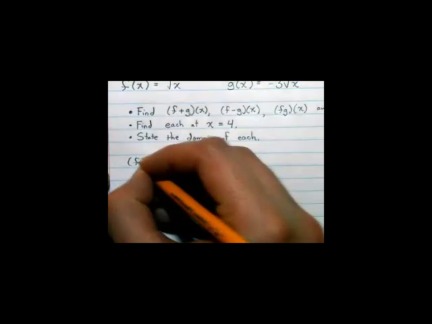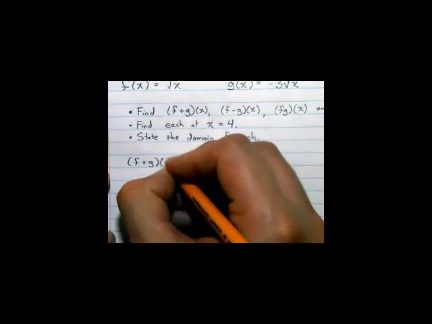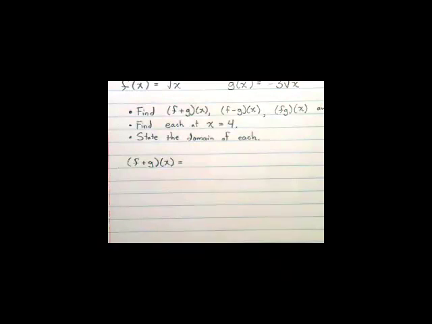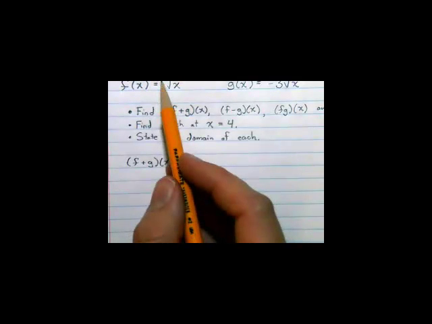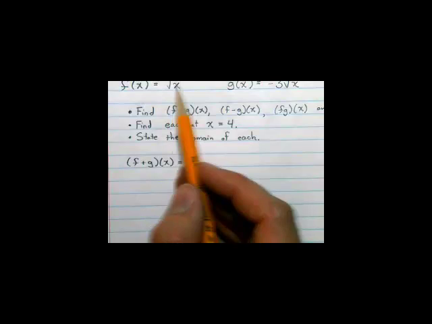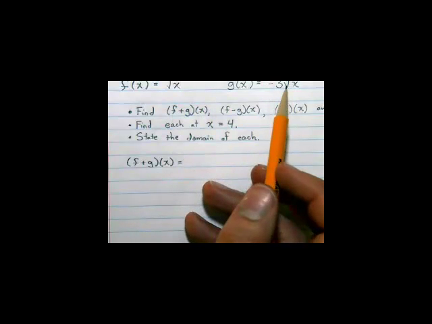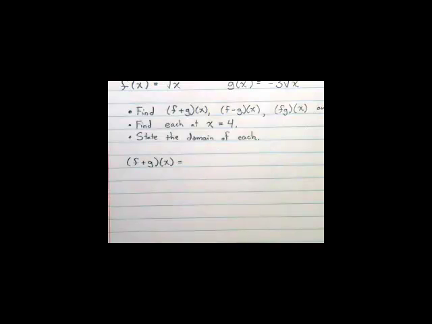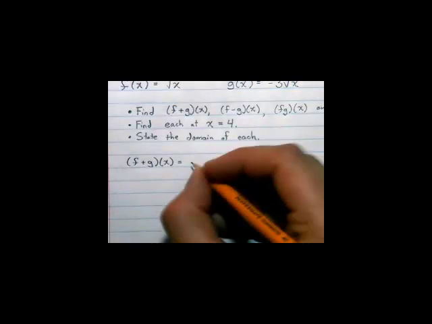So f plus g of x. Bet you can do this in your head even. If I add those two things together, square root of x and negative 3 square root of x, what do I get? Think of this as 1 square root of x, and I'm going to add to that negative 3 square root of x. 1 plus negative 3 is negative 2, so that would be negative 2 square root of x.